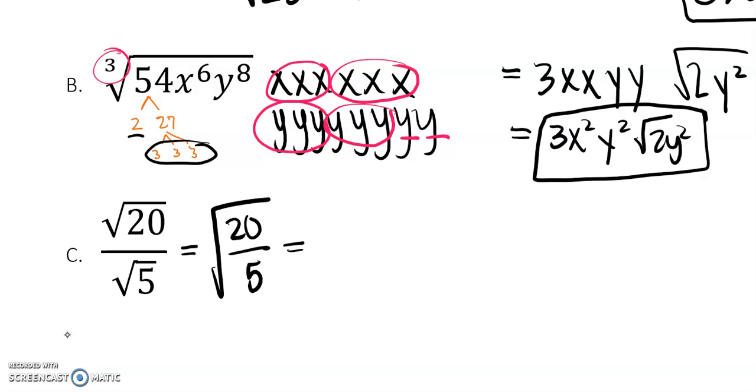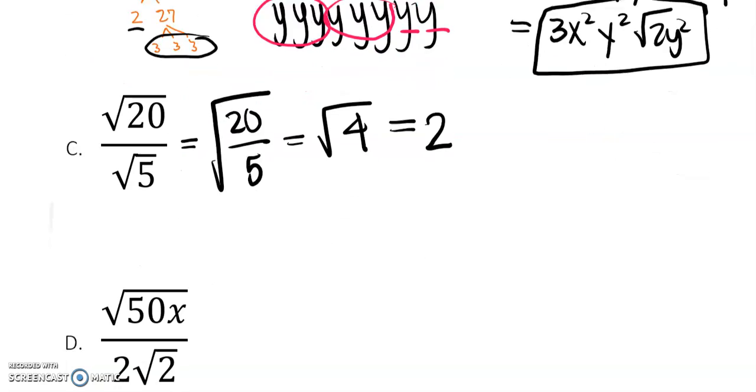And that's going to give you 20 divided by 5 is 4, and the square root of 4 is 2. Okay, and so for me, I was able to quickly look at that and just use my rules, but for you, you might have to go back and look at your rules.